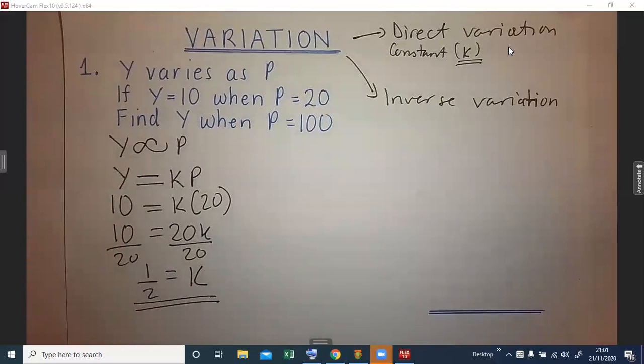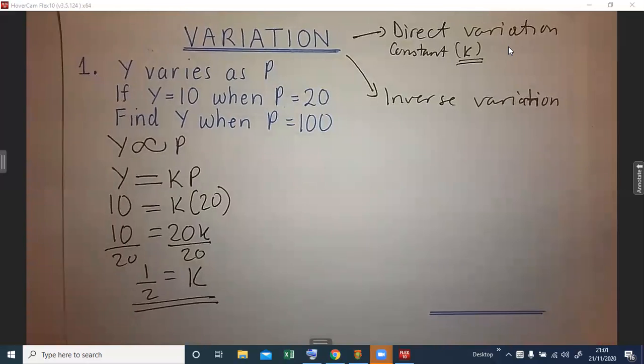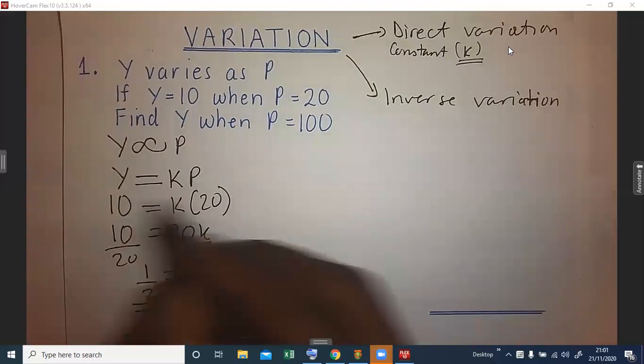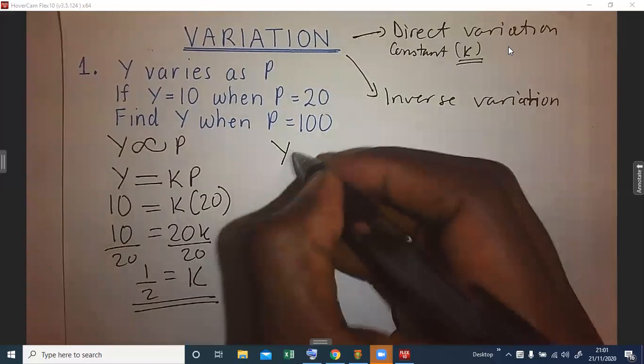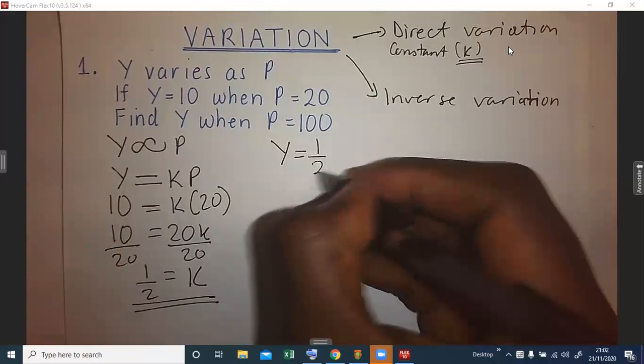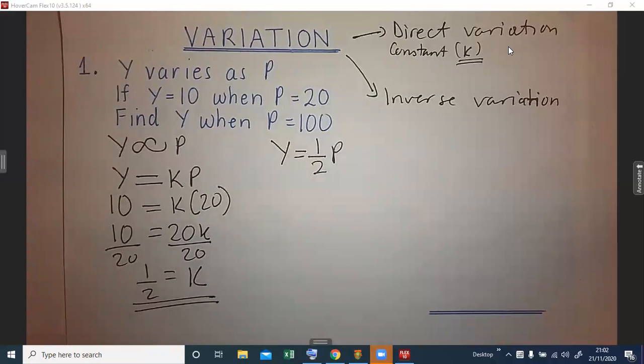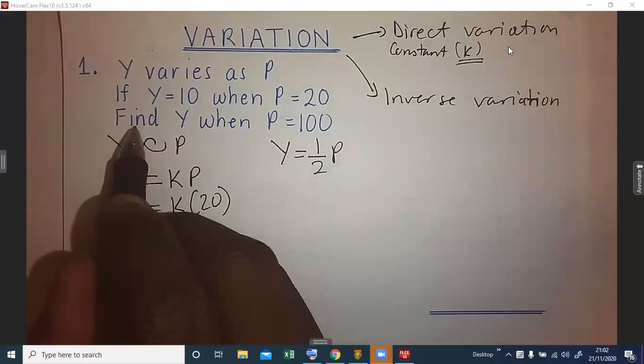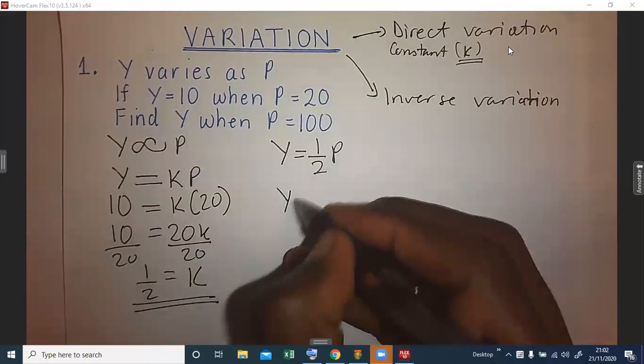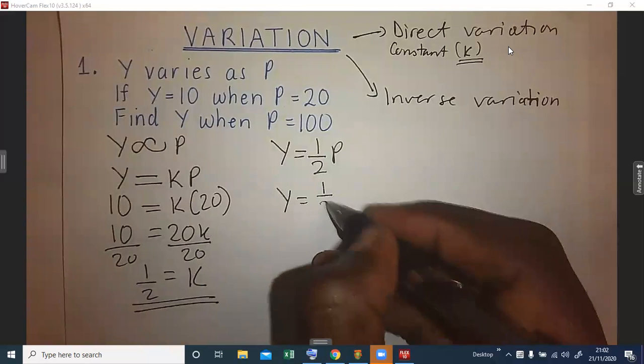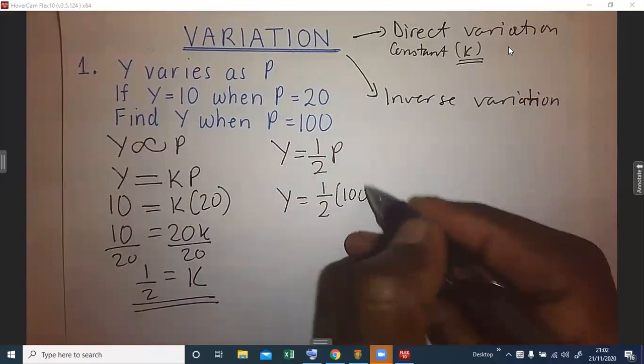After getting k being a half, we replace it in our equation, and we get y is equal to a half p. The question now says, find y when p is 100.